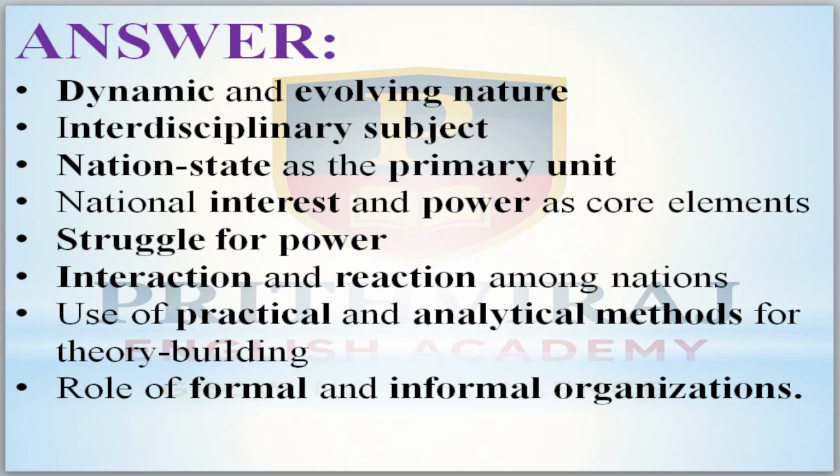The main aim of international relations is to gain power. Then next characteristic is interaction and reaction among the nations. After the action the reaction will be there, and that takes place. Use of practical and analytic methods for theory building.